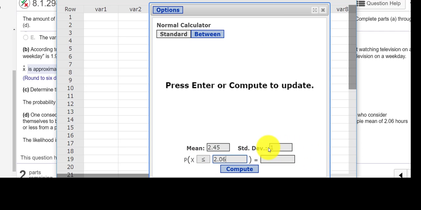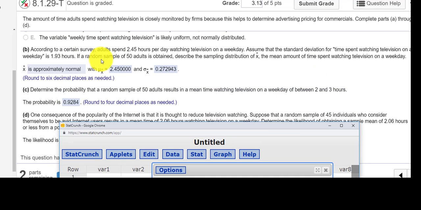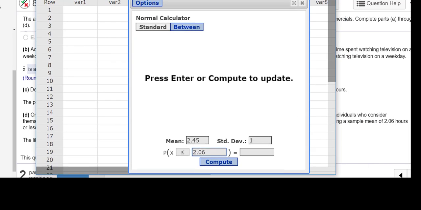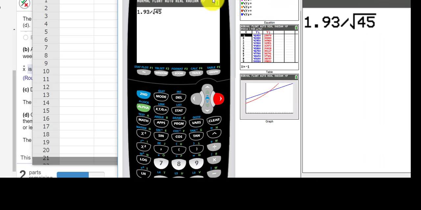And now for standard deviation, at first you might be tempted to put in this standard deviation of 1.93, but remember we have to divide that by the square root of n, and in this case n was 45. So to calculate my standard error or my new standard deviation, I take the 1.93 and divide by the square root of n, which is 45, to get 0.2877.